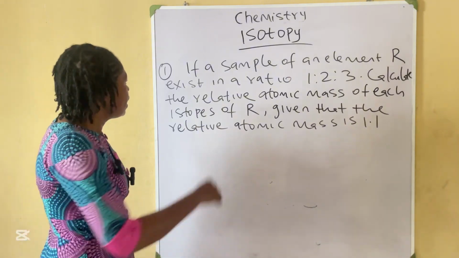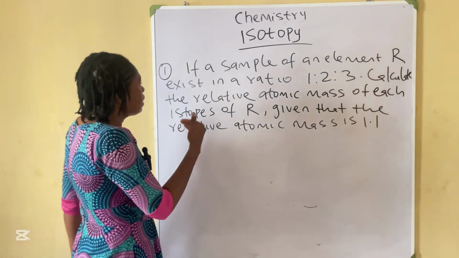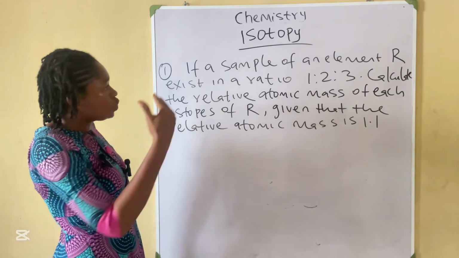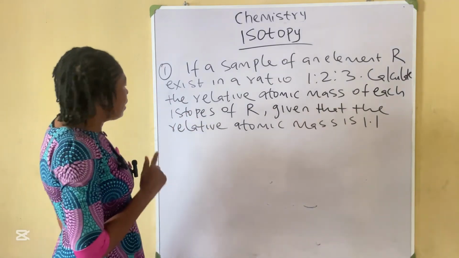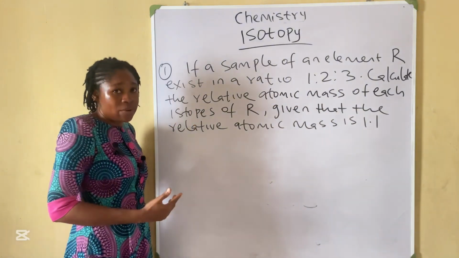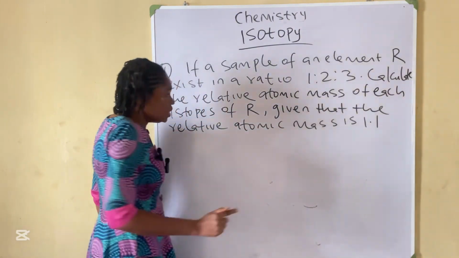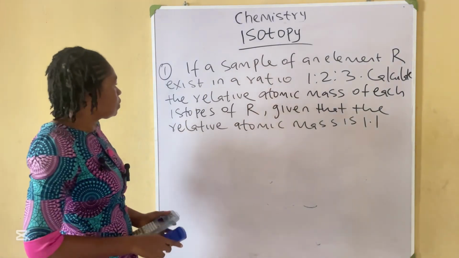Question number 2. If a sample of an element R exists in a ratio 1:2:3, calculate the relative atomic mass of each isotope of R, given that the relative atomic mass is 1.1.